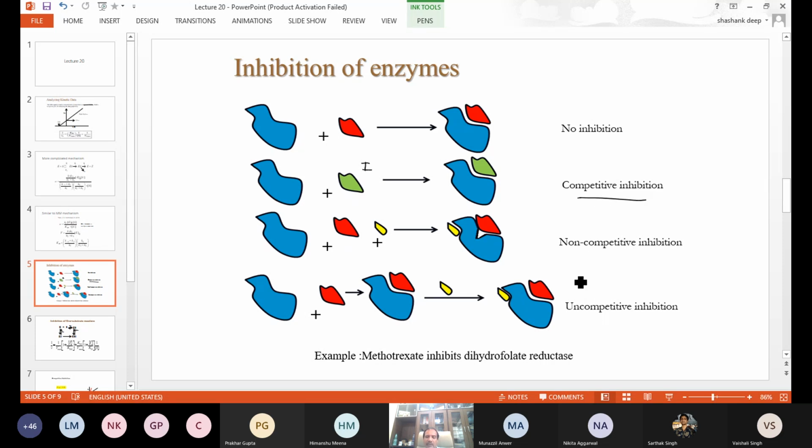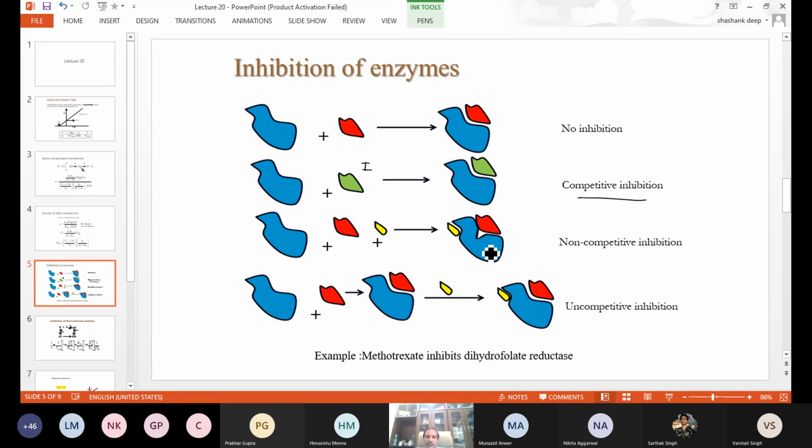It is like SN1, SN2 mechanisms, if you remember that. Here, first the substrate binds, and then the inhibitor comes and binds to a site other than the active site, and then there is an inhibition, again the binding affinity decreases.